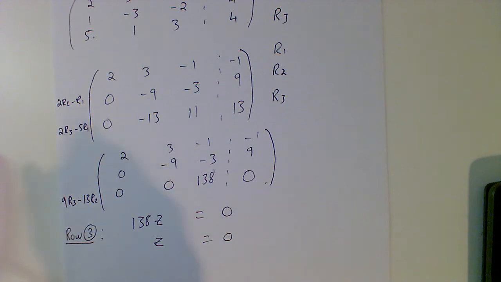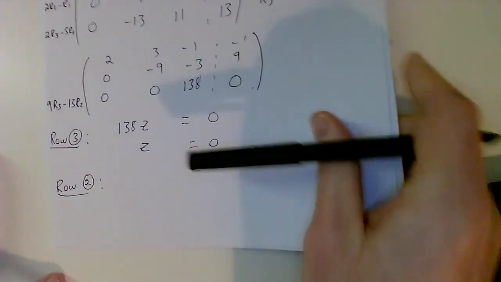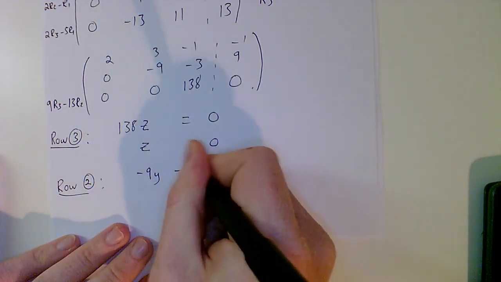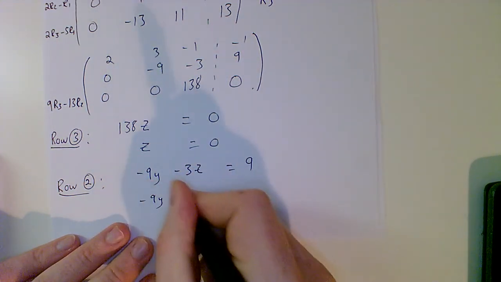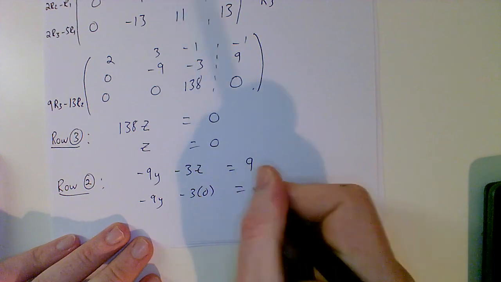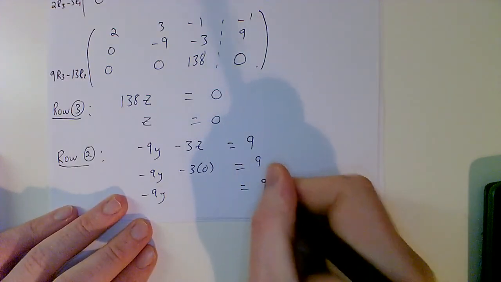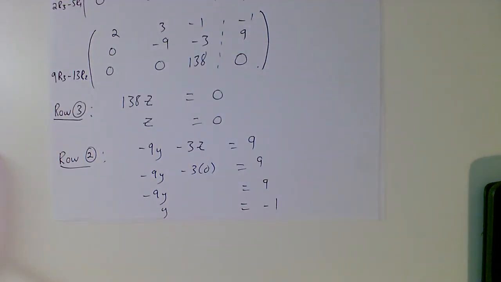So z is 0. That's 0. So y, it's just -1.